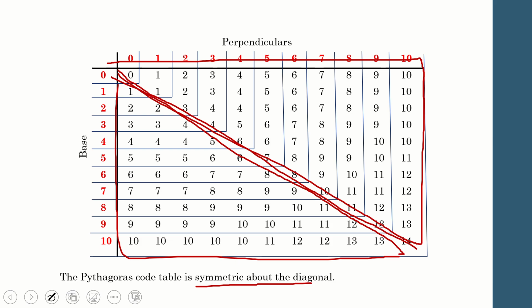Both are symmetrical. The triangular matrix which is below the diagonal is the lower triangular matrix. The triangular matrix which is above the diagonal is the upper triangular matrix. In short, I have written it.